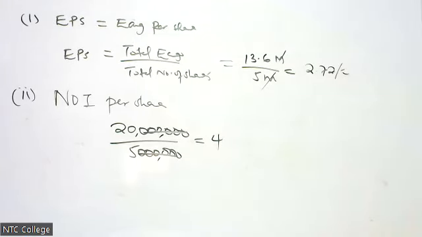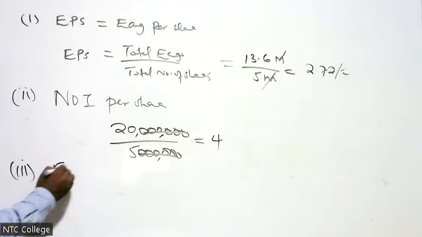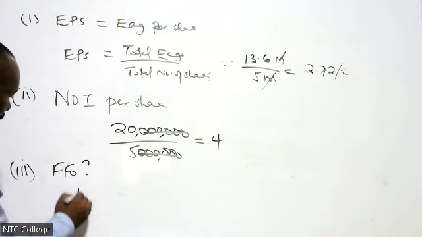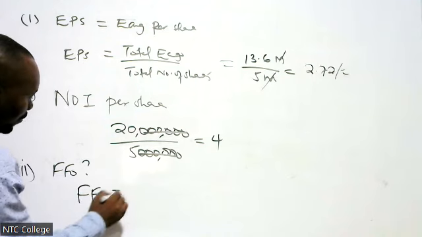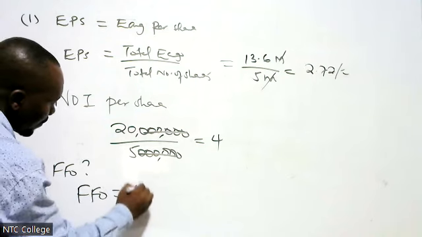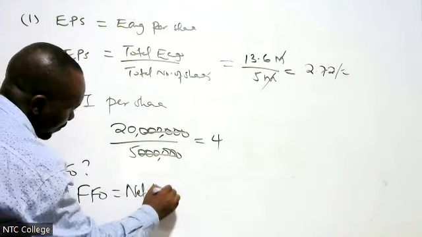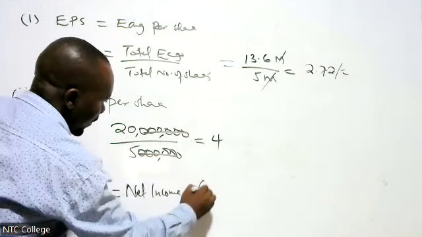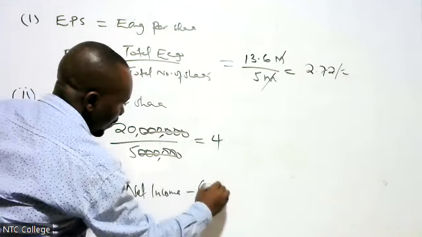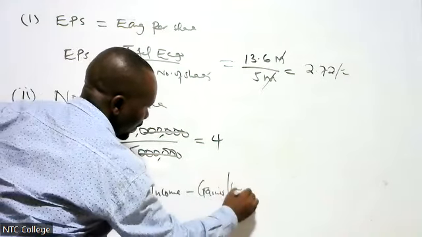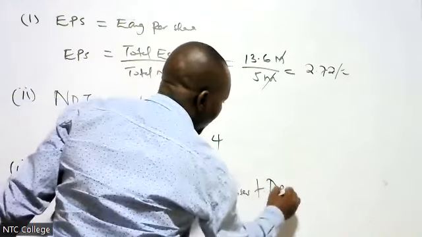The next question is asking you to calculate FFO, which you have seen. What was the formula for FFO? FFO is equal to net income minus gains or losses plus depreciation.